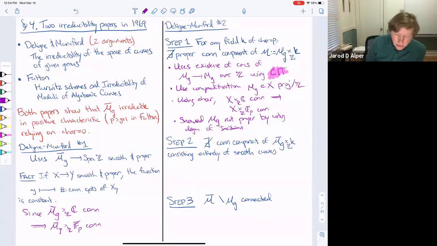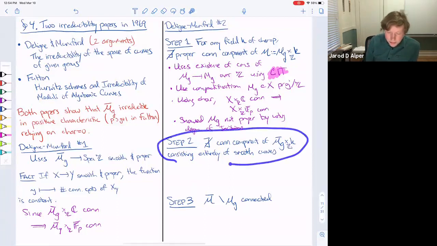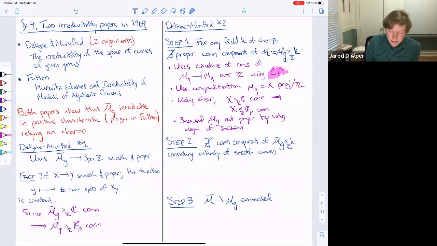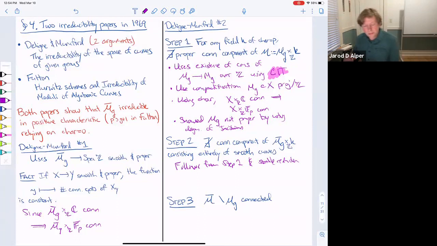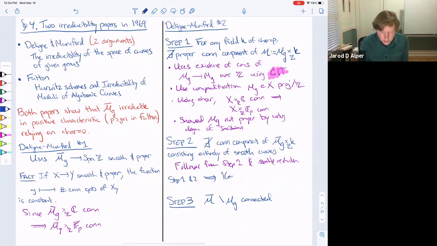And then the next step was to show that there doesn't exist a connected component consisting entirely of smooth curves. This follows more or less from step 1 in stable reduction. And then finally, these two steps, 1 and 2, essentially imply our key proposition, namely that smooth curves degenerate to stable curves.